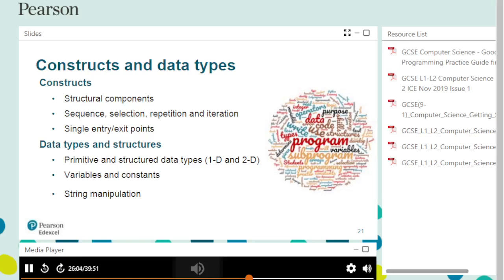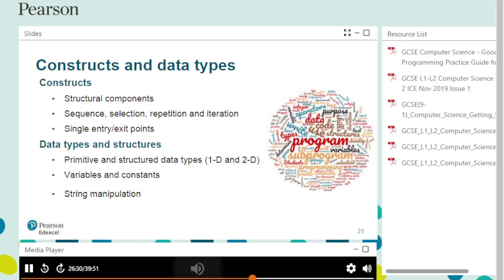Students need to be able to write programs that use these components. By repetition, we mean code that keeps executing in a loop while a condition is true. Useful when there's no way of knowing in advance how many times the loop must go around. The PLS specifies that students should use the Python while construct to implement repetition.